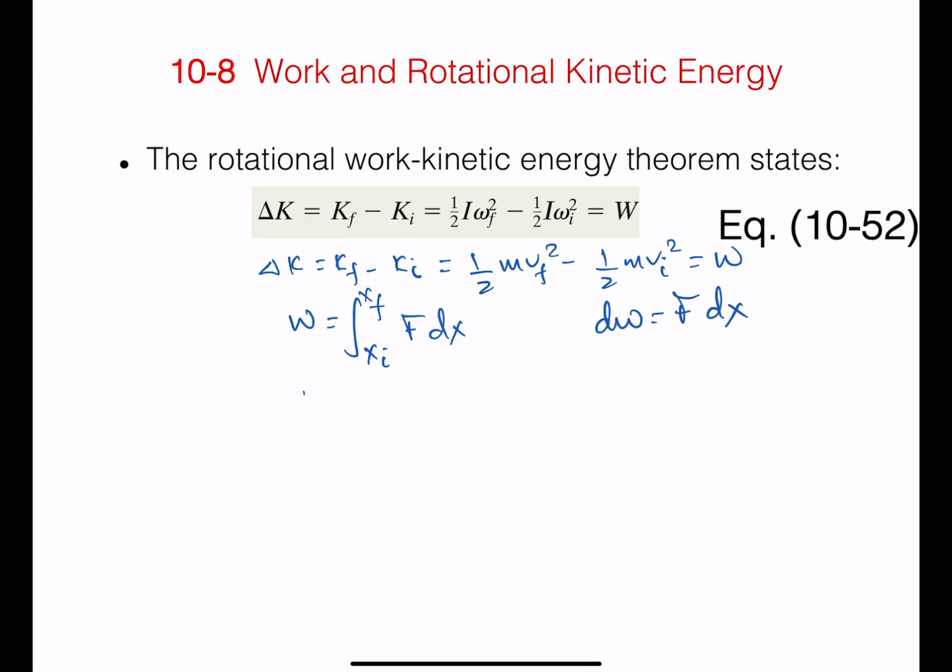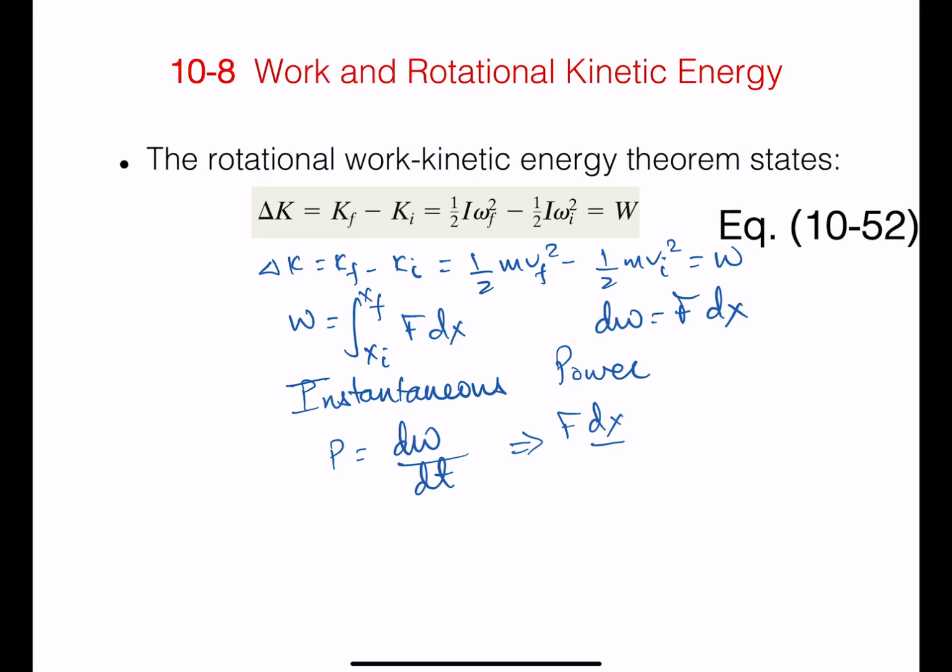Instantaneous power was P equals F dx/dt, which is F v.